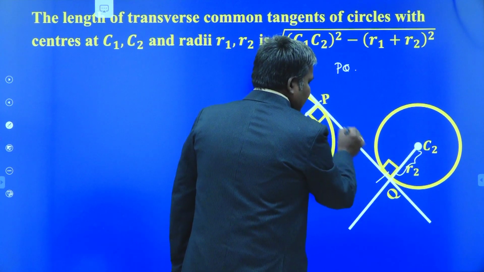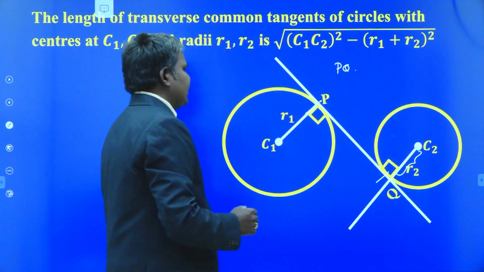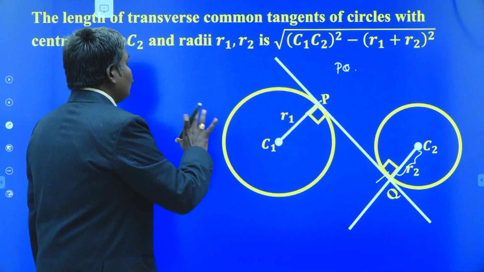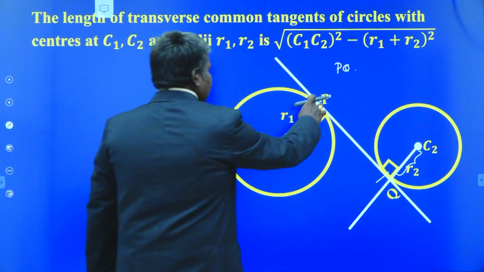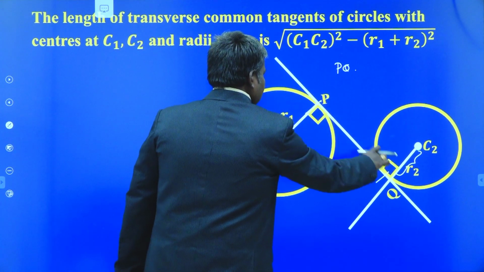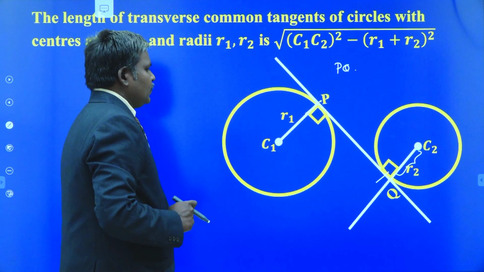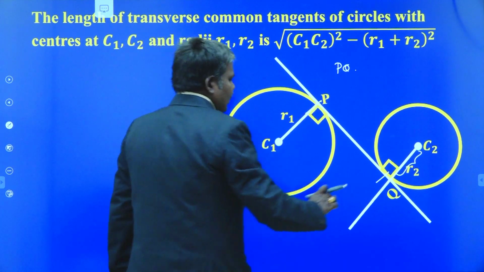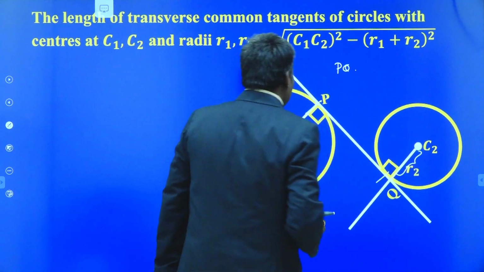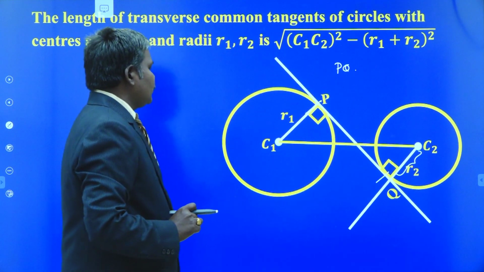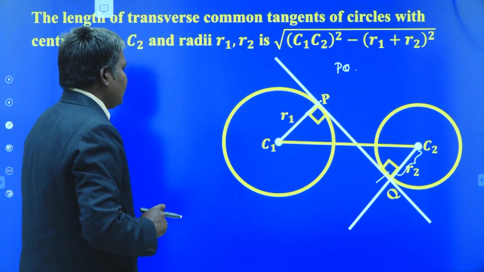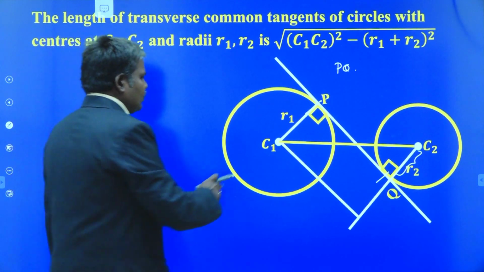The radius and the corresponding tangent always make 90 degrees. This is the diagram. We have to find the length from here to here. So what is the distance here to here? R1 units. And from here to here? R2 units.